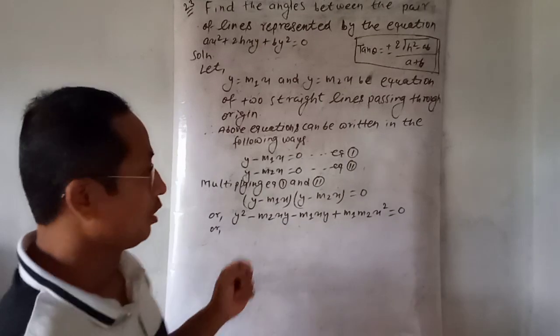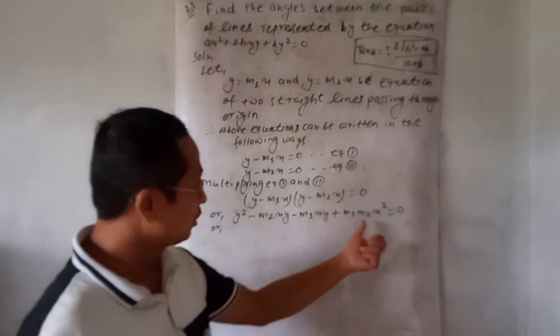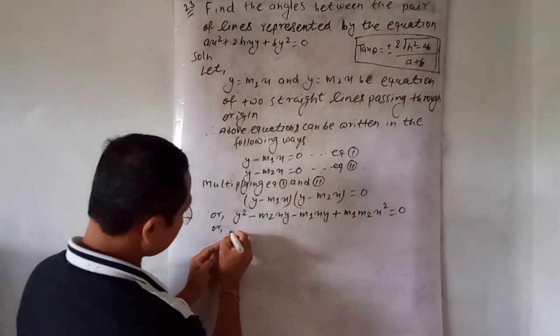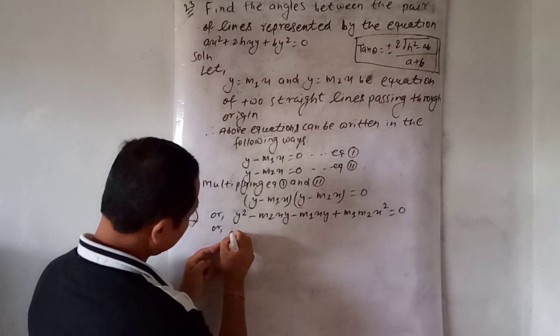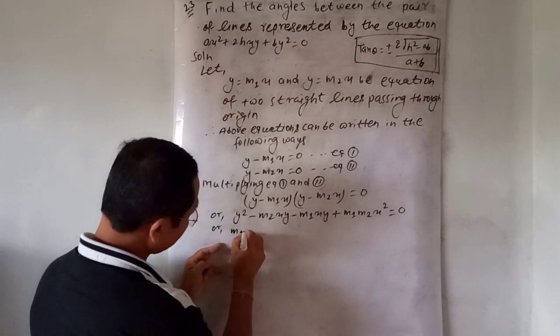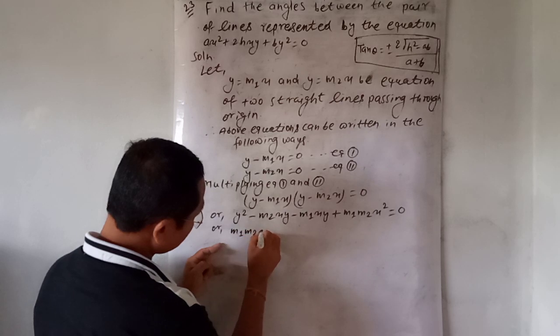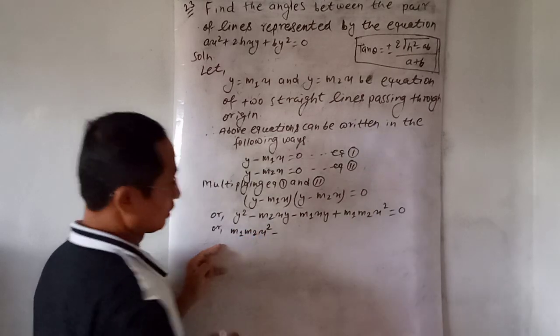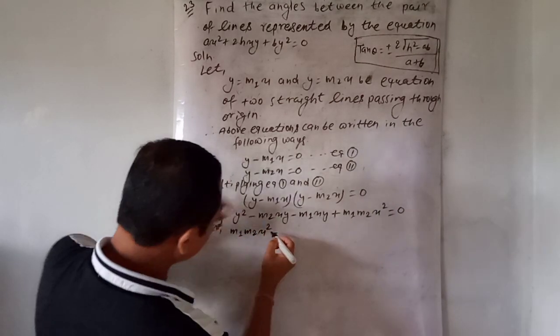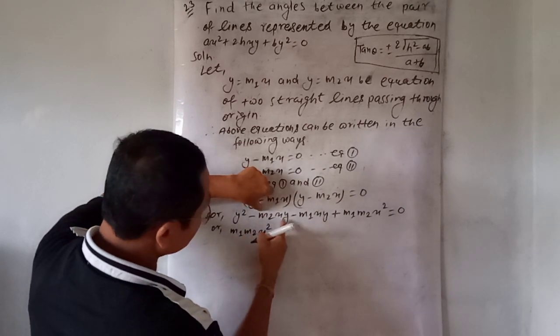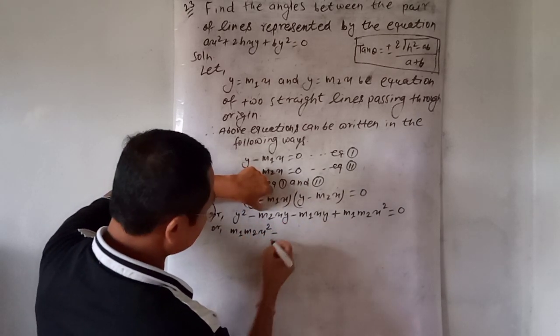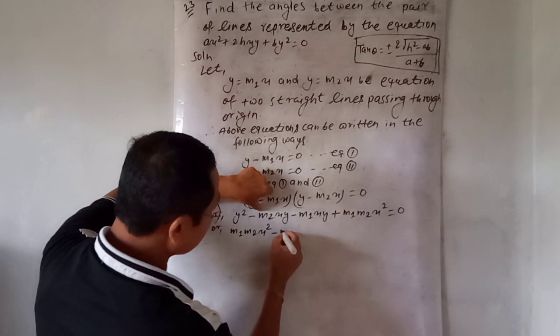Or we arrange this: m1 m2 x square bring here at first, then it will be m1 into m2 x square minus, we take here common, minus m2 xy minus m1 xy, then xy will be common.